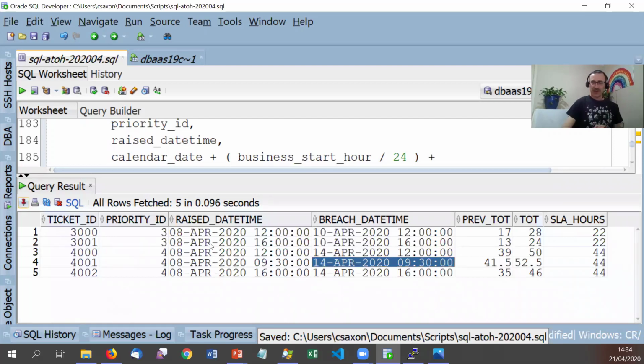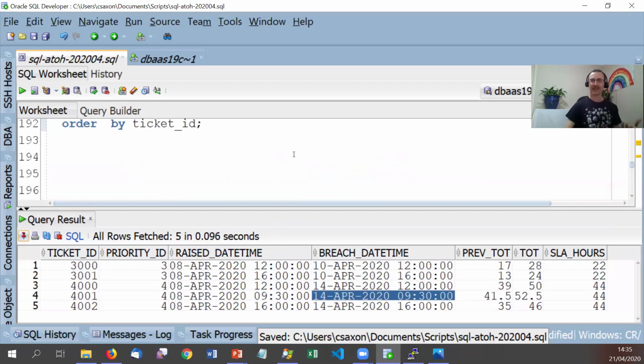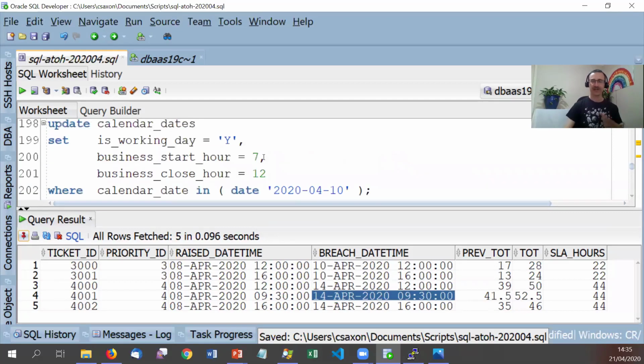Now, why have we done all this with SQL? Why haven't we written some kind of complex, procedural algorithm to do this? Well, we could, but as I said, what counts as a business date can change, and what counts as working hours can change. So let's imagine we have an early finish on Good Friday.